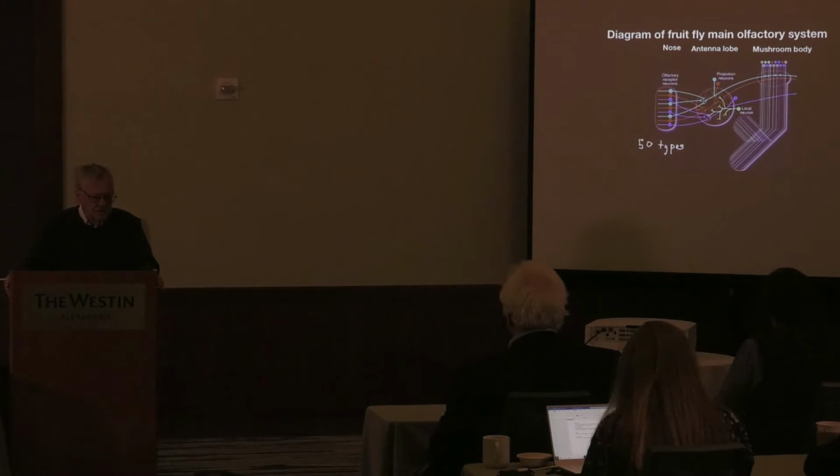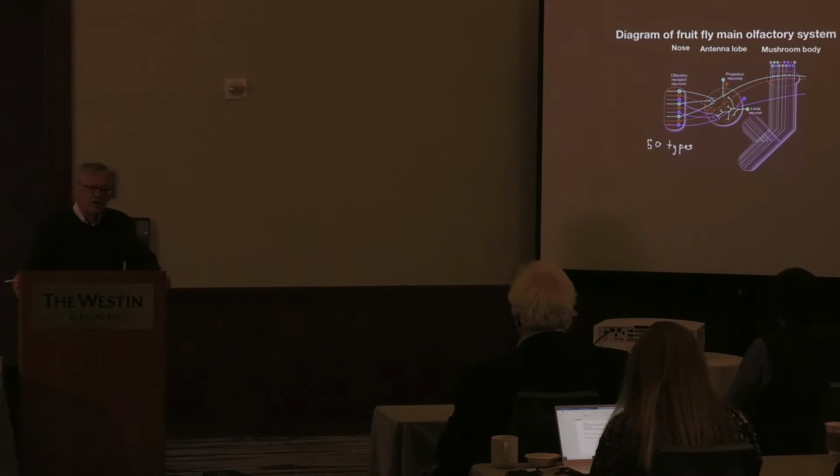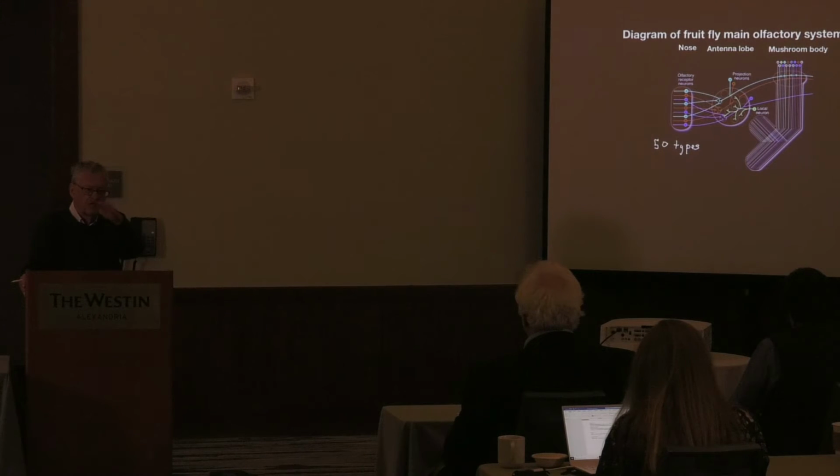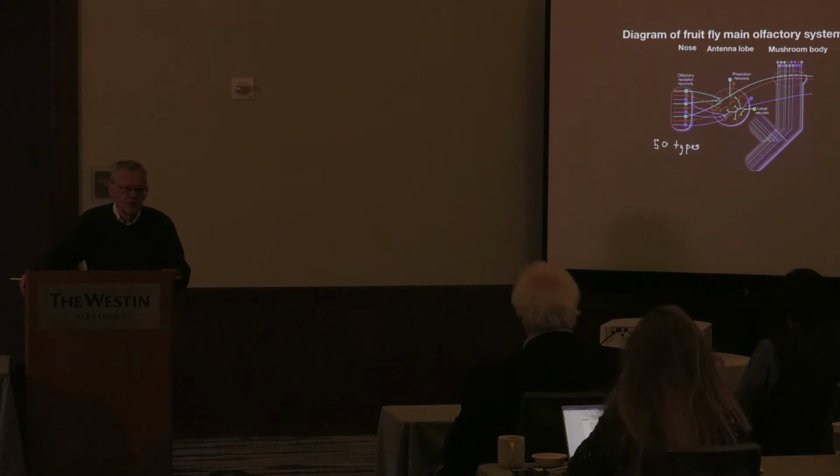So this is quite different from how the visual cortex works, because there you have things according to a property of a neuron, and then that property fires. In this case, you have 50 different types of neurons, but essentially all of the neurons fire to every odor you give the fly.